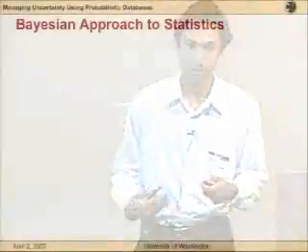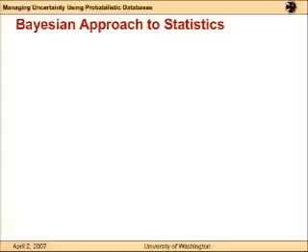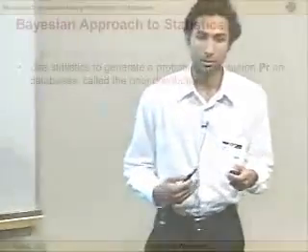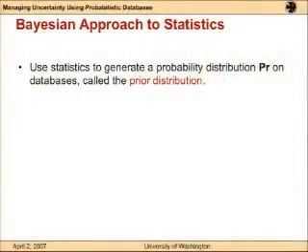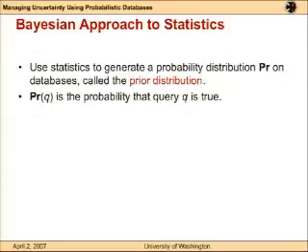So how do you generalize this intuition to define the semantics for answering queries with statistics? Here we use a technique called Bayesian analysis from AI, which says that given the statistics, you generate a probability distribution over all possible databases, which captures your belief, and it's called the prior distribution.